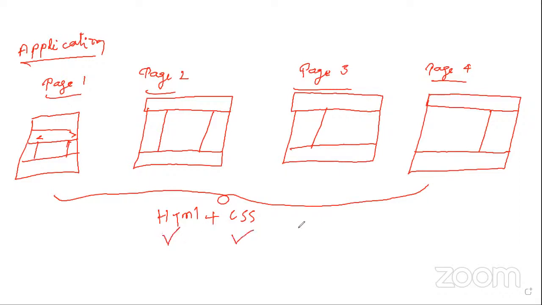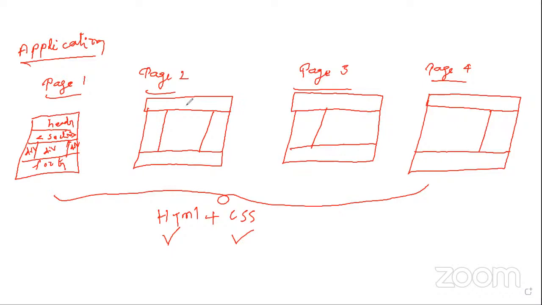Step 2, you have to use CSS properties to align this. Even if you are using HTML5, this is the header part. You can use the header tag, and this can be created by the section tag. Parent is section. This can be created by using a division. This can also be a division. At last, the footer tag can be used.